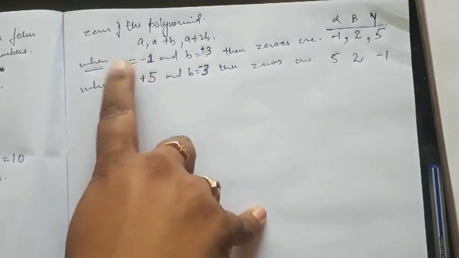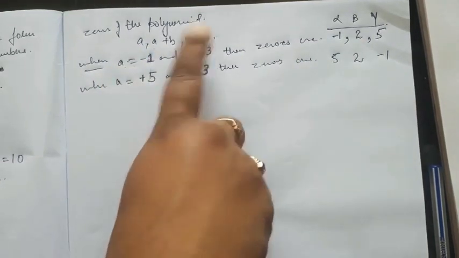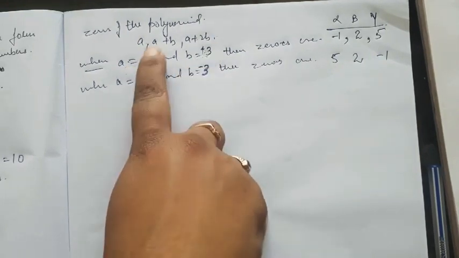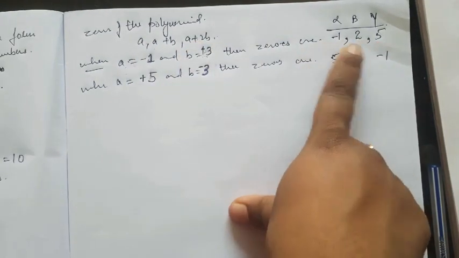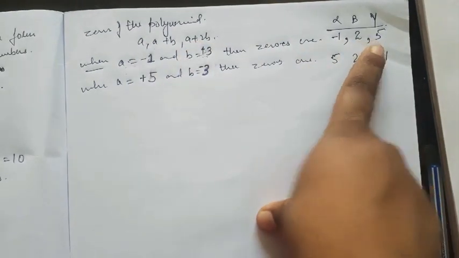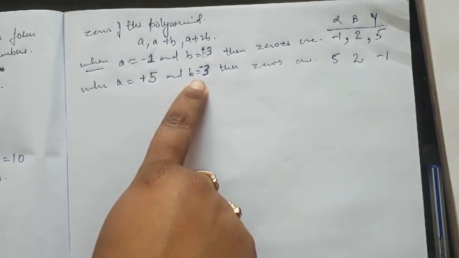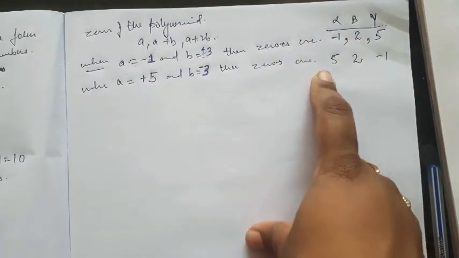So the first pair is a is equal to minus 1 and b is equal to 3. We put these values here to get alpha, beta and gamma: minus 1, 2 and 5. Similarly the other pair, a is equal to 5 and b is equal to minus 3, we will put here to get the zeros alpha, beta and gamma, that is 5, 2 and minus 1.